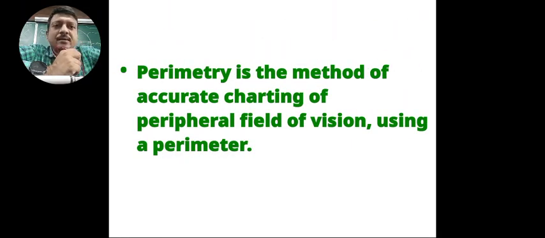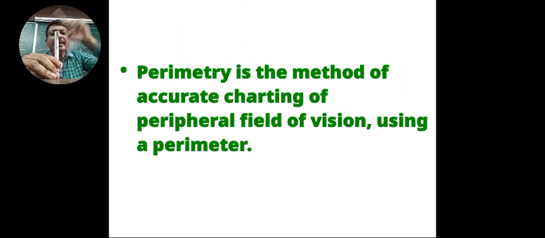Visual field means, when a subject fixes his gaze to an object, the area surrounding which is visible to that eye is known as the visual field for that eye. Okay.